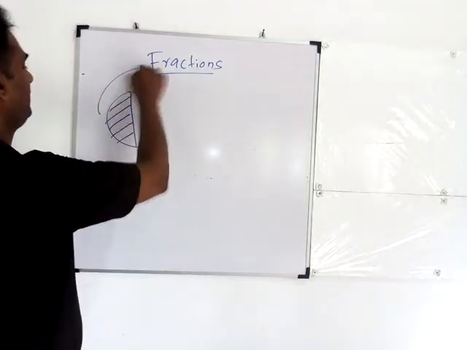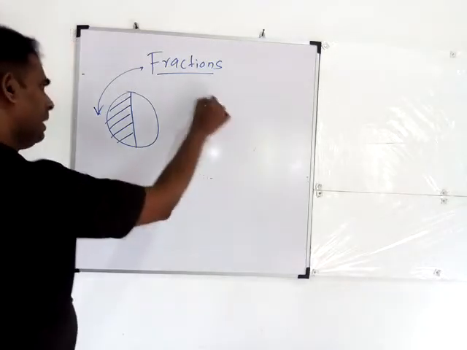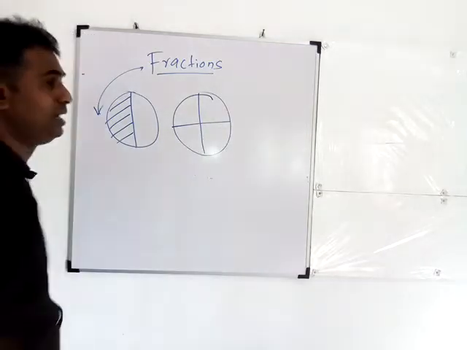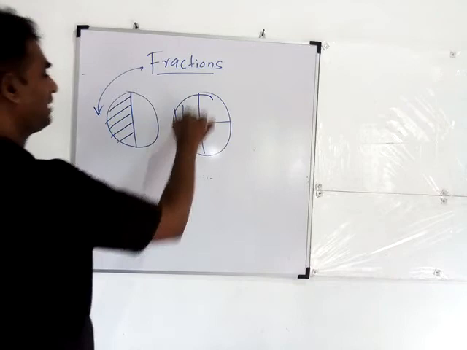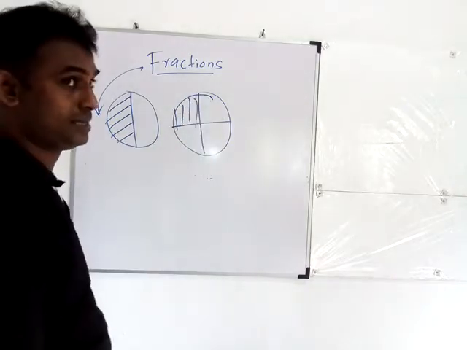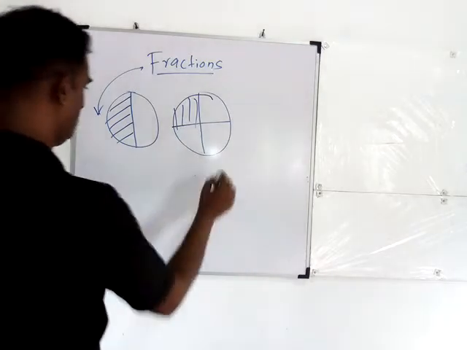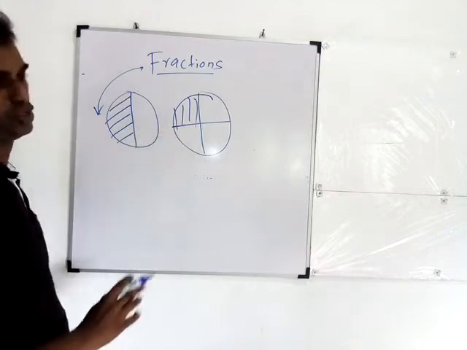We call that a fraction. This whole circle we can divide into four small parts. I will darken this. This is a small part of the circle. We call that a fraction.